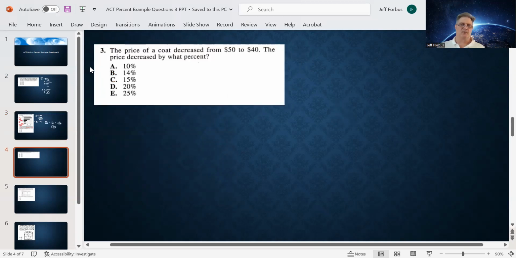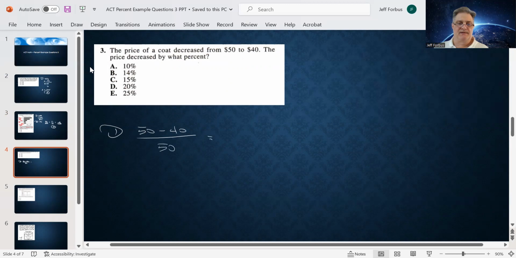The price of the coat decreased from $50 to $40. What percent did it decrease by? So 50 minus 40, that's the difference, divided by the original price of 50.